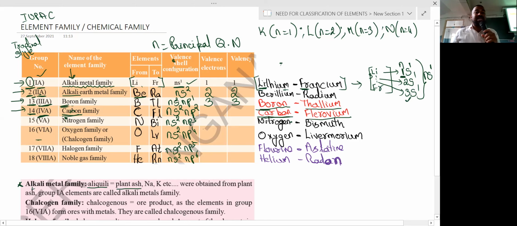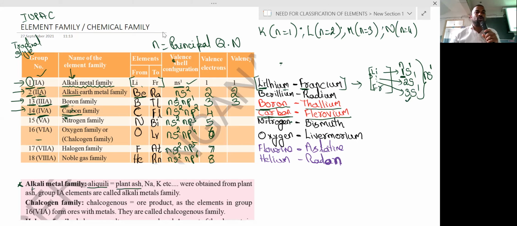Valence electrons are the number of electrons present in the outermost orbit. For the fourth group, it is 4, and the fifth group, it is 5. In the sixth group, it is 6. Seventh group, it is 7, and eighth group, it is 8.